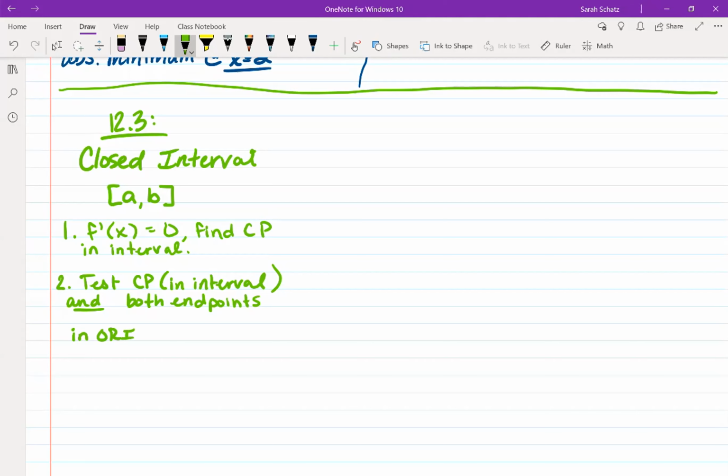You guys remember your goal on this closed interval is you're taking your two endpoints and any critical points. You're actually just comparing the y values at those points. So if I need y values, I put them in the original. So you guys, this is basic closed interval.